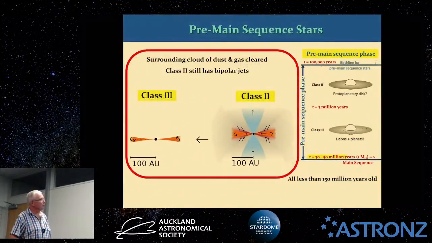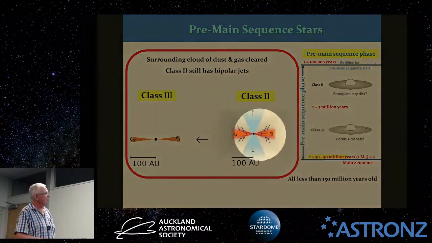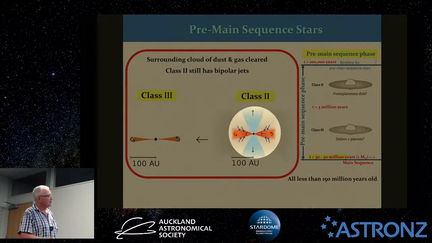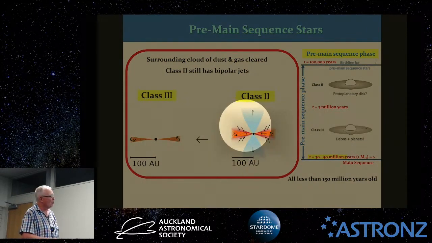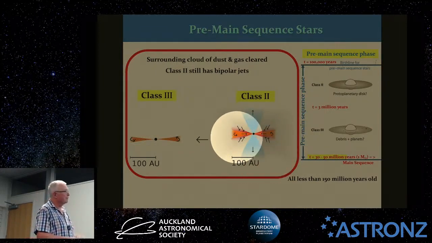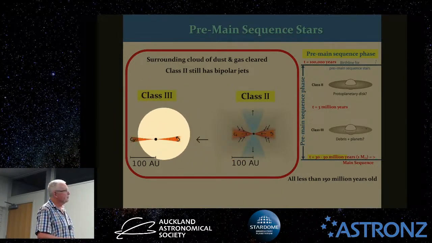So let's look at a little bit more detail here. Your class 2, you've still got a little bit of gas and cloud around you here. Jets are still there, the accretion's still going on, but nowhere near as bad, and you've almost cleared all your gas and dust there. You can see it in the near infrared and a bit in visual as well. By definition, it's a pre-main sequence star. And then onto your class 3, with your protoplanets starting to form.